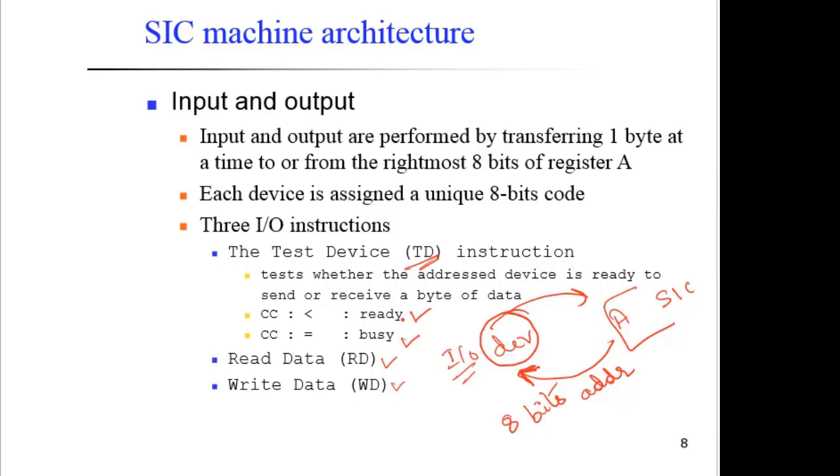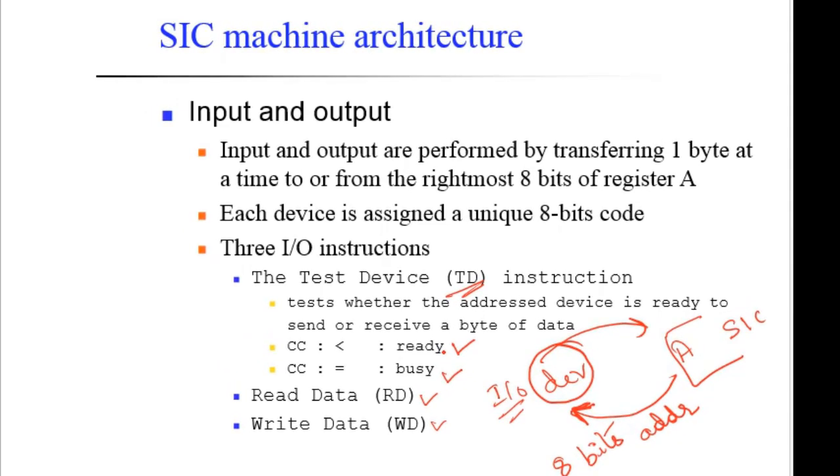So these are the 7 dimensions that we have understood about the SIC architecture. So in the next video, we are going to learn SIC XE machine architecture by keeping these 7 parameters in mind. And please note, SIC is upward compatible with SIC XE.